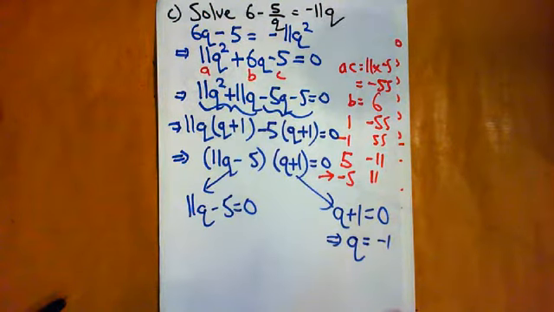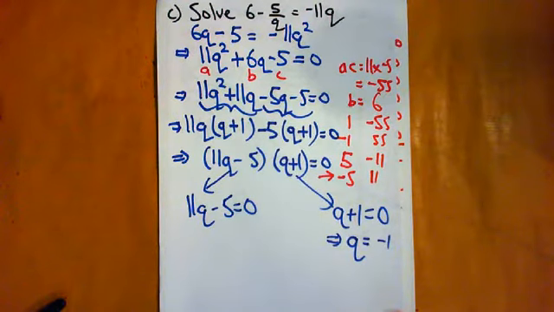Well, that's going to be 6 plus 5, which is 11. And the right-hand side is, if q is negative 1, we get minus 11 times minus 1 is positive 11. So both sides are 11 if q equals negative 1. So it is indeed a solution.